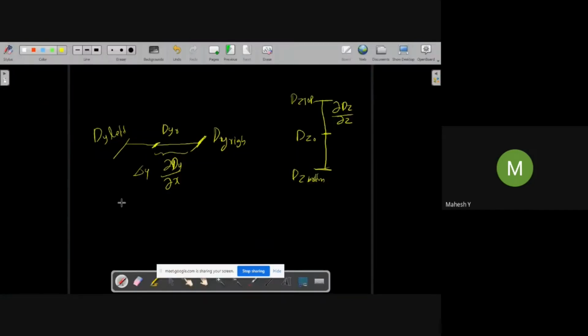So, what is dy right? dy top is dy0 plus dou dy by dou y into delta y by 2, and dy bottom is equal to dy0 minus dou dy by dou y delta y by 2.